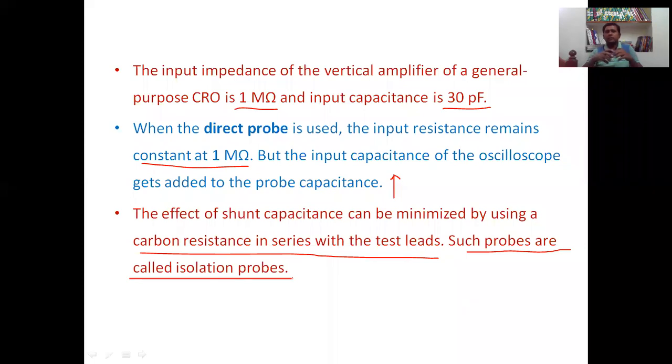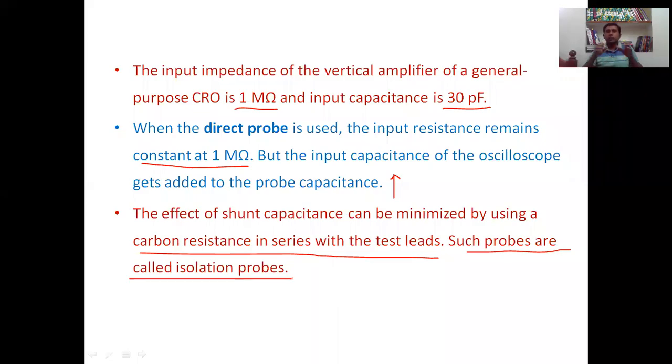If you leave it as it is, then what happens? Some error may be indicated in your original signal. That's why this capacitance should be maintained at the same value. To overcome this increment in the capacitance, one carbon resistor is connected in series with the test leads, on the input side. This type of probe is called an isolation probe.